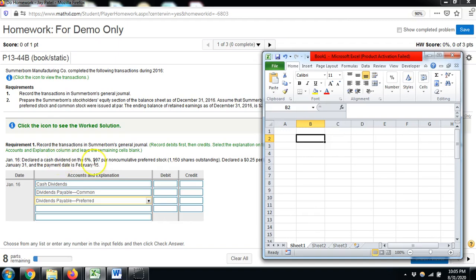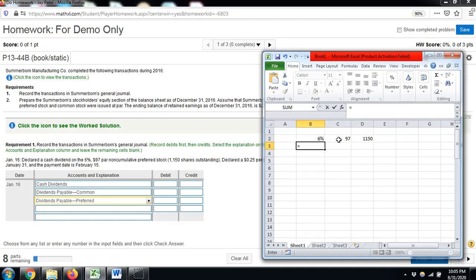So for the preferred stock, the par value of the preferred stock is going to matter because it's a percentage of the par value. So we're going to need the number of shares, the par value, and the percentage, which is the preferred return. So this 6%. So let's put it all down, 6%, $97 and 1,150 shares.